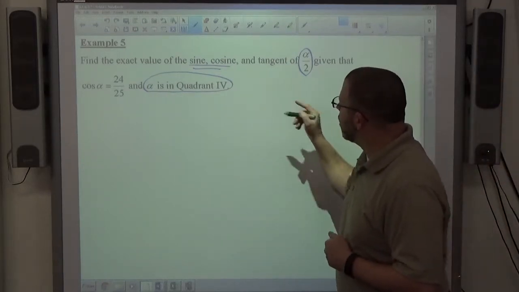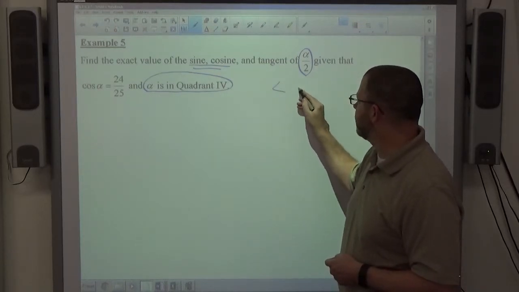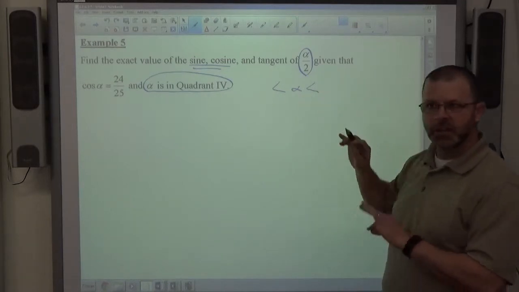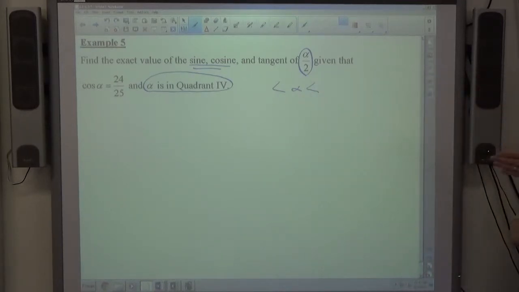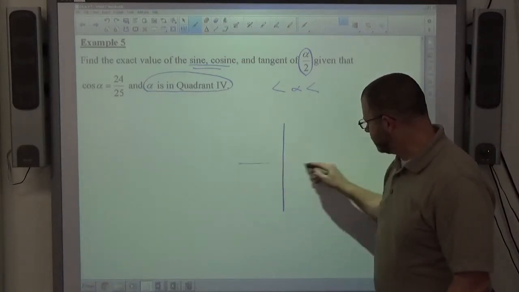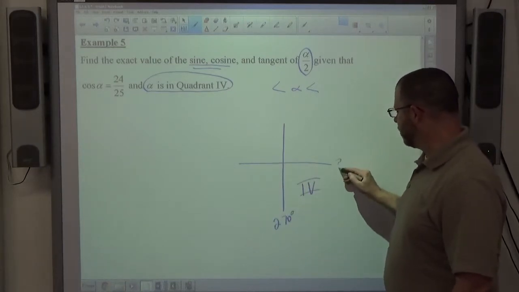All right? So imagine if alpha is in quadrant 4, if we look at an inequality representing that. Put alpha in the middle, just a basic conjunction, something less than alpha less than something. Quadrant 4, it's down here, right? This is 270 degrees and this is 360 degrees.